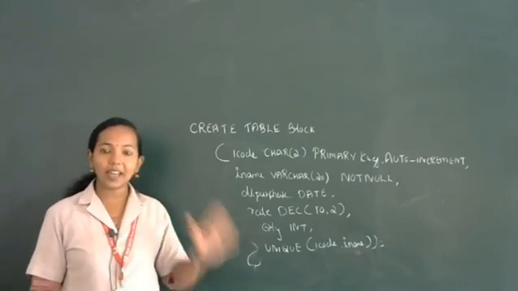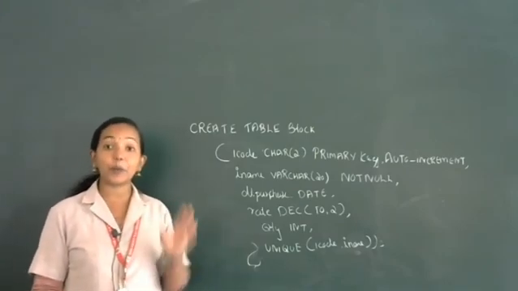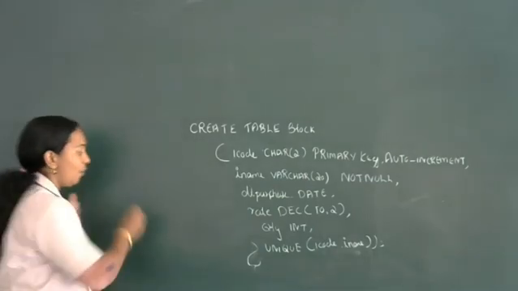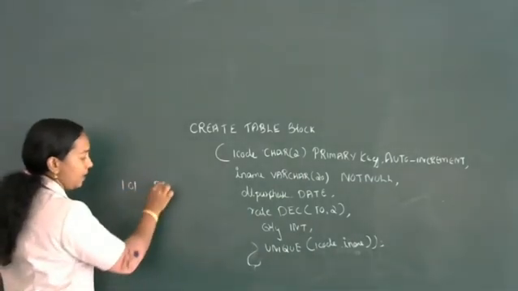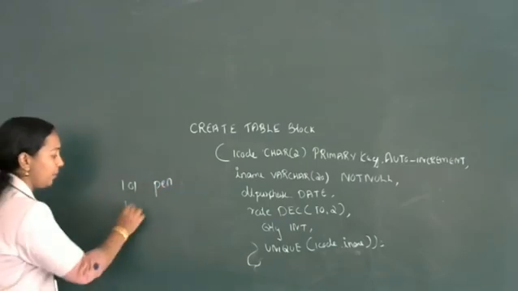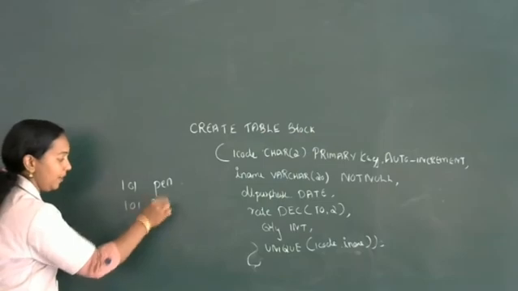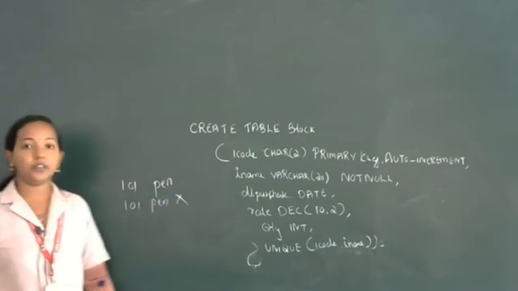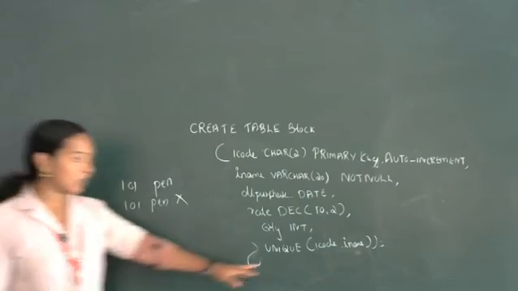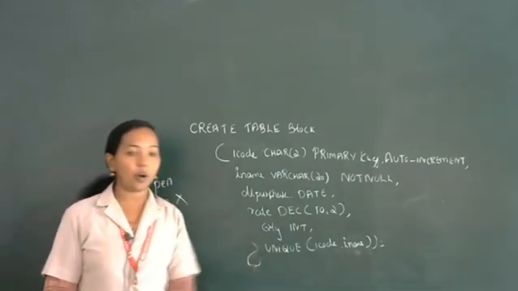Item name and item code will not be repeated. For example, if the first item code is 101, product name is pen, then in another row, if you write 101 pen, it will not be allowed. That means duplicate values will not be allowed. That's why unique iCode, comma, iname.